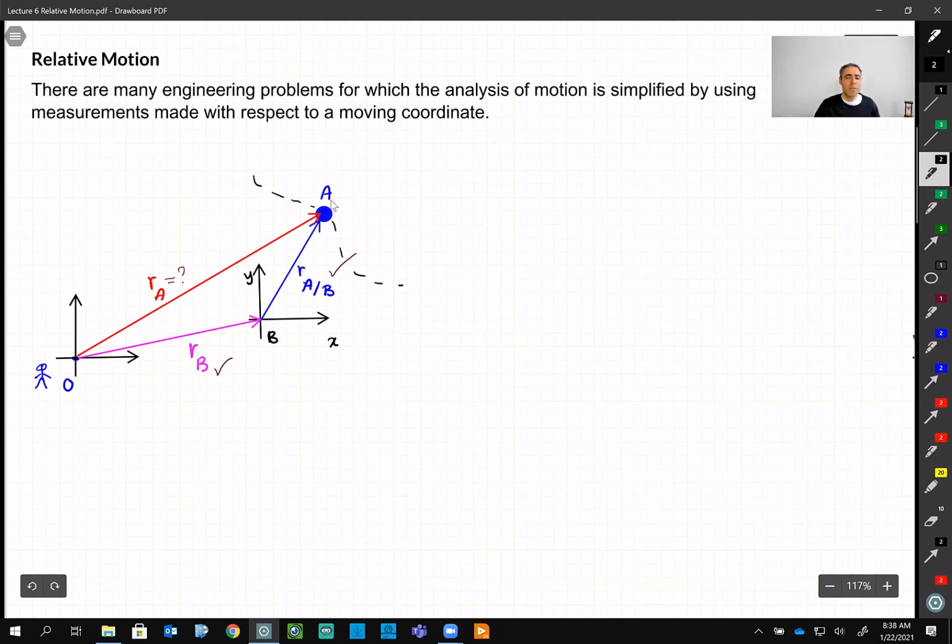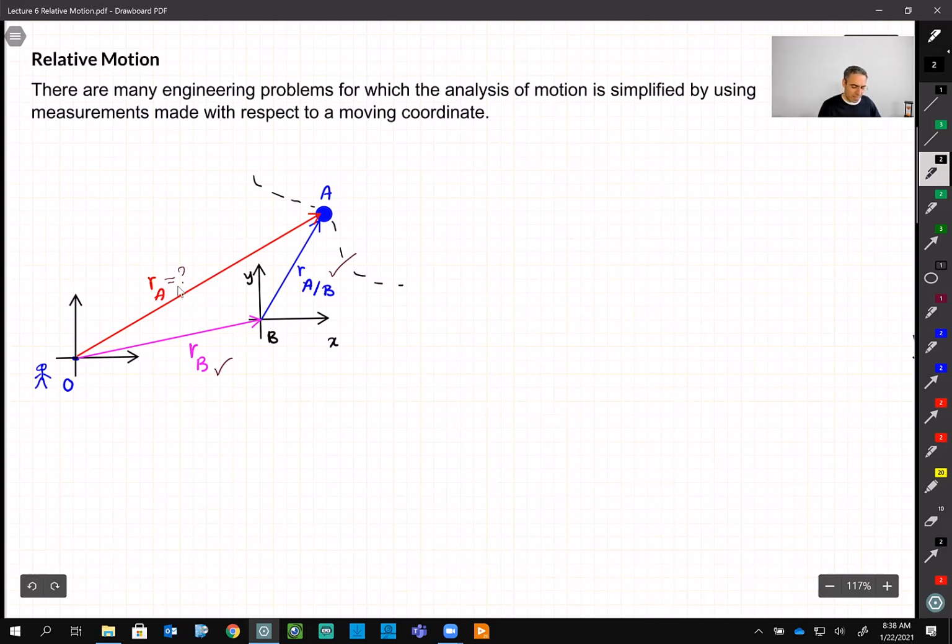We have all the information for point A when we look at point A from point B. We call it RA with respect to B. Assume that we have all the information for point B. Like this person at point O can see where this point B is going. So he knows RB, but he's interested in finding out this RA.